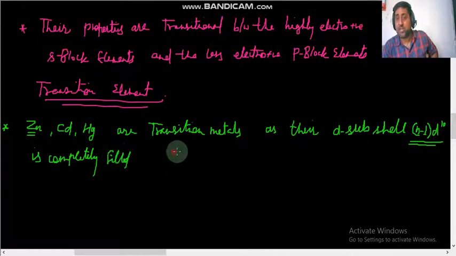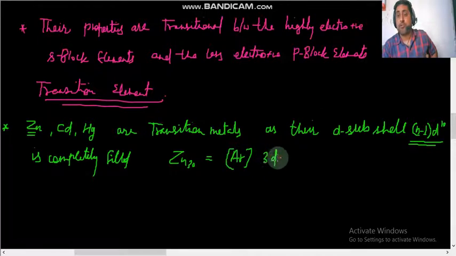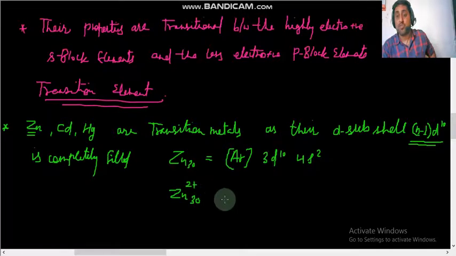You see zinc, having atomic number 30, has the electron configuration argon 3d10 4s2. Neither in the ground state nor in any oxidized state, that is the Zn2+ ion, does it lose this. In this oxidized state as well, it contains 3d10 and 4s0.